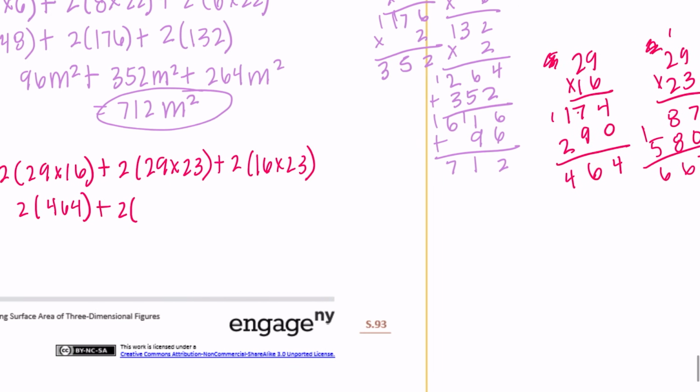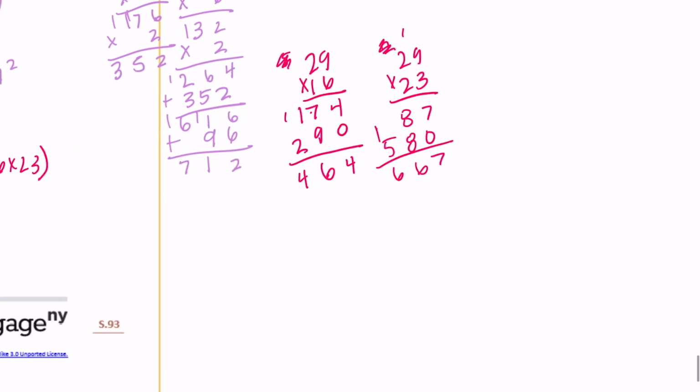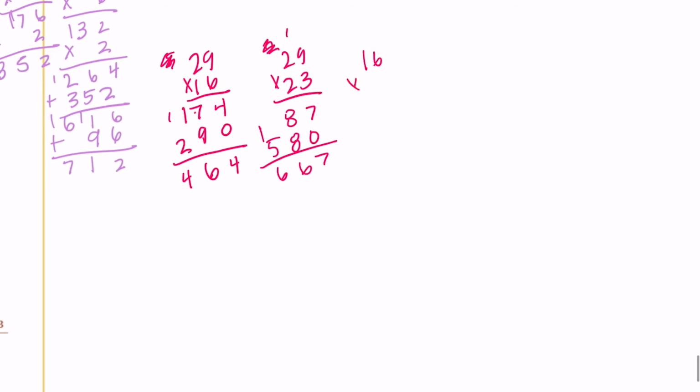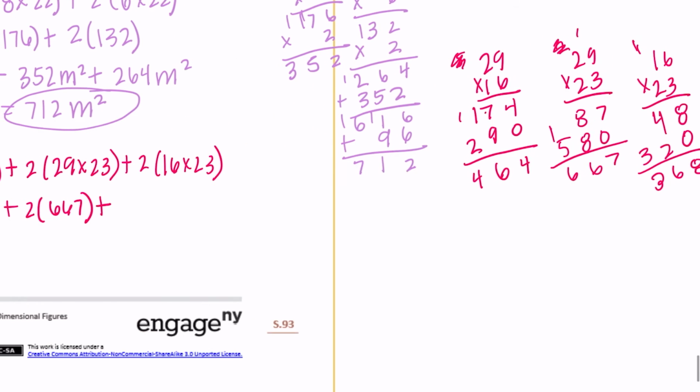So 667, plus 16 times 23. 3 times 6 is 18. 3 times 1 is 3, plus 1 is 4. 2 times 6 is 12. 2 times 1 plus 1 is 3. So we get 368.